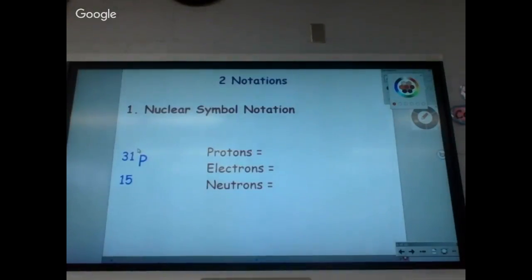We want to be able to find protons, neutrons, and electrons given that notation. Now, what is the 31?